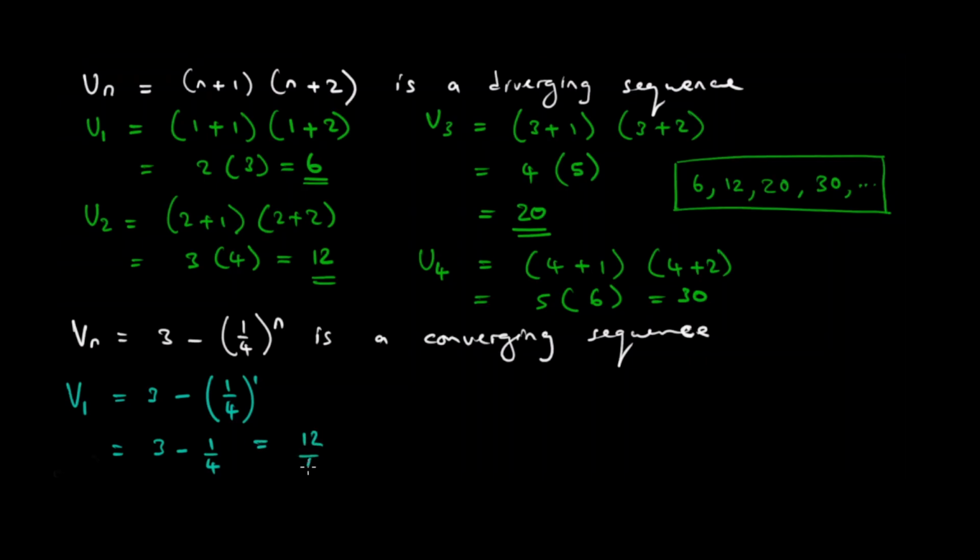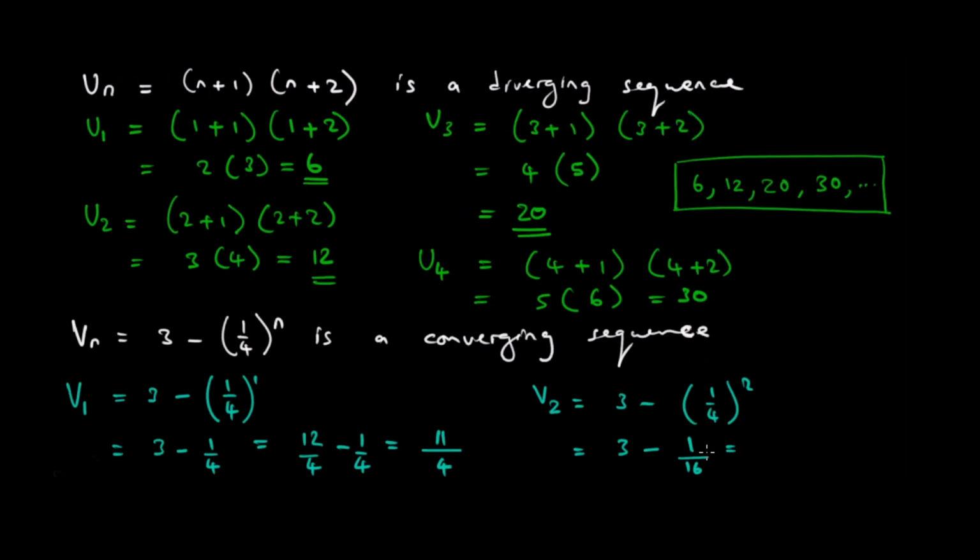Saka 12 over 4 subtracting a quarter, we eventually get 11 over 4. V2 inenge iri 3 minus a quarter squared, which is 3 subtracting 1 over 16, which is, what is 16 times 3?